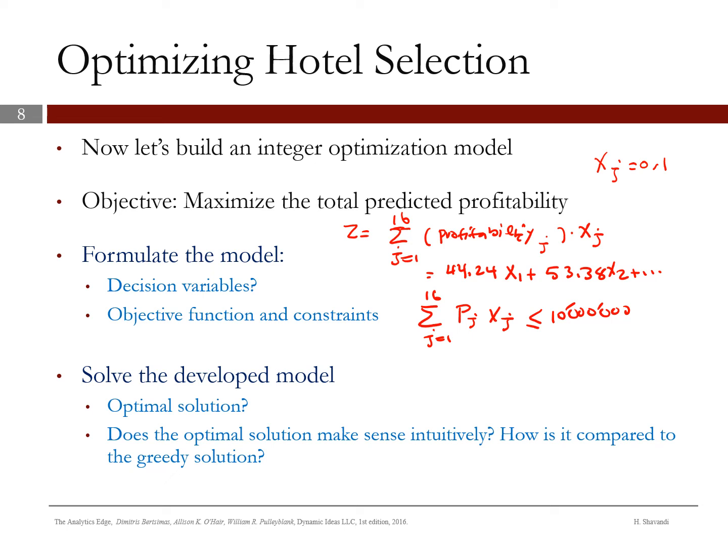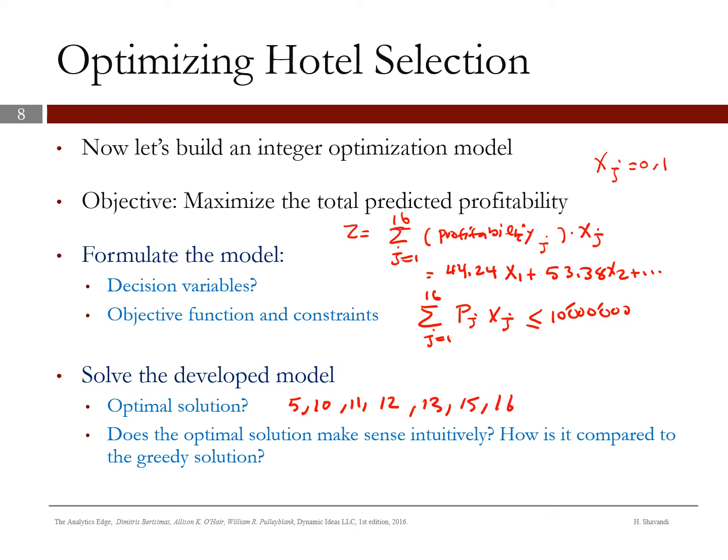We can implement this model in any optimization solver in Excel or in R, and we can use the LPsolve package to obtain the optimal solution. If we do so, the optimal solution would be buying the hotels in locations 5, 10, 11, 12, 13, 15, and 16.